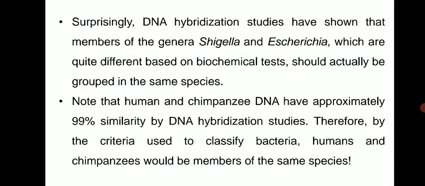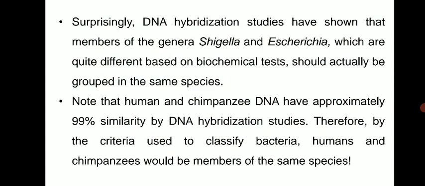There are several analyses carried out by this hybridization method. DNA hybridization studies have shown that members of the genera Shigella and Escherichia are quite different based on their biochemical tests.